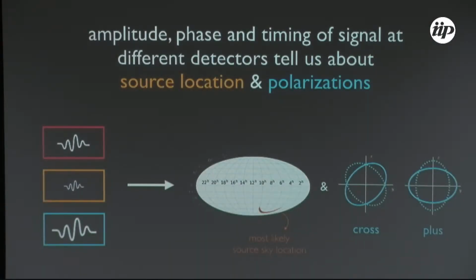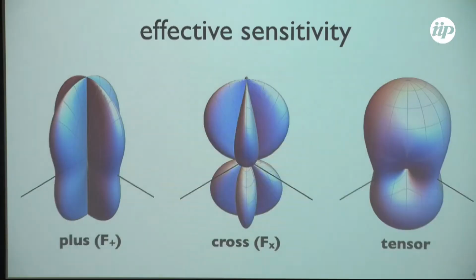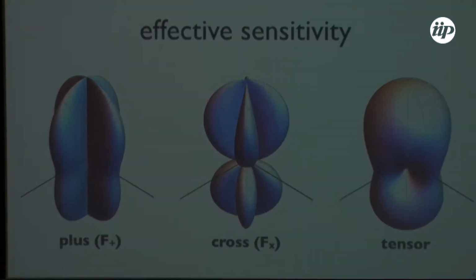This is a linear combination of a response to the cross and plus components of the signal. And the sky sensitivity of those is different. And so you get some extra information, if that makes sense.